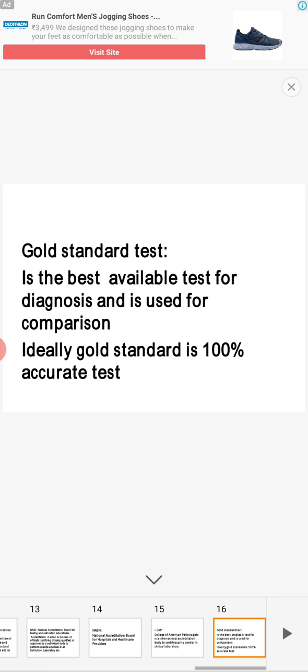So you have seen screening test and diagnostic test. What is the meaning of gold standard test? It is the best available test for diagnosis and is used for comparison. I will give you one example. For HIV we can do TRIDOT, which we call a spot test. If you go to a blood bank, now they don't do it like that; there are certain procedures.